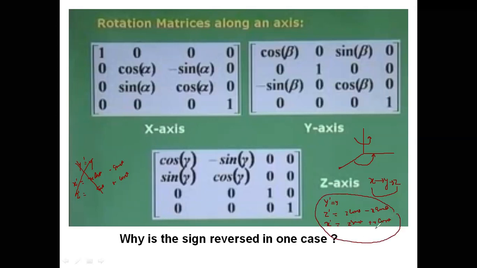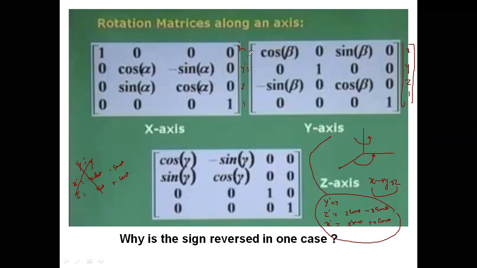When we write in terms of the matrix, it will follow this order: x, y, z and 1. So we can calculate x dash, y dash, z dash, and this will be 1.